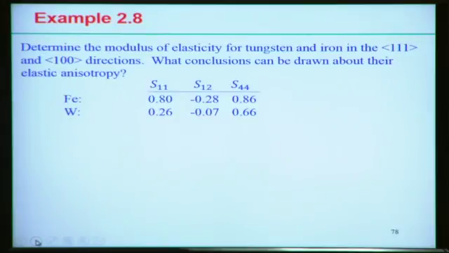What conclusion can be drawn about their elastic anisotropy? Here the standard values of S11, S12 and S44 are available with this problem itself, so we need to analyze this in terms of the compliances, not in terms of the stiffness.